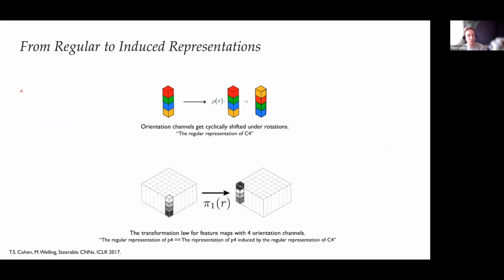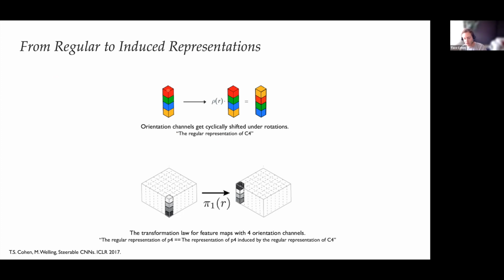The way to understand this is via a certain concept called the induced representation. The regular representation that we looked at is a special case of this. The basic picture is that we have our homogeneous space with a stabilizer subgroup H, and we can look at a single point, and at that point we'll have a feature vector.